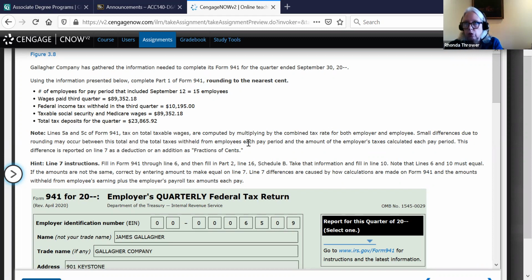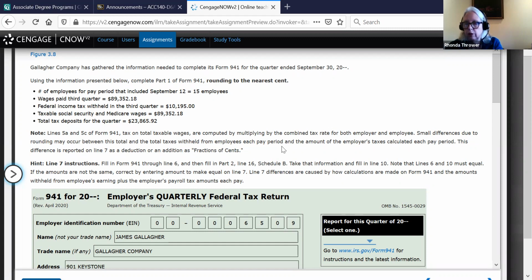So they're going to multiply the combined tax rate for both the employer and the employee, and they do this for OASDI and HI. Small differences due to rounding may occur between this total and the total taxes withheld from the employees each pay period.